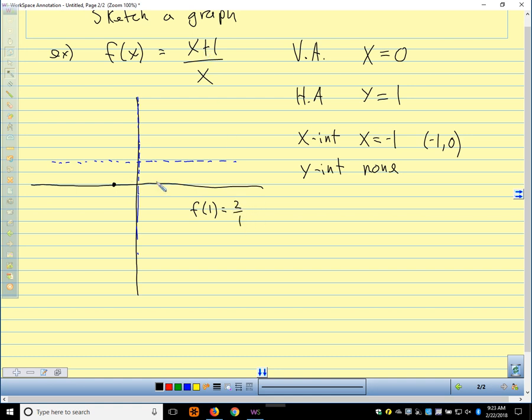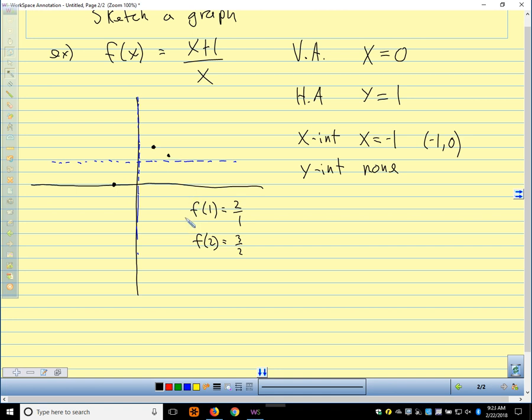So up here we get a point at 2. And I'm going to guess, just because that point is there, that my function is going to do this. I can plot another point if I'm not sure. F of 2, we get 3/2. So it's getting closer to the asymptote there.